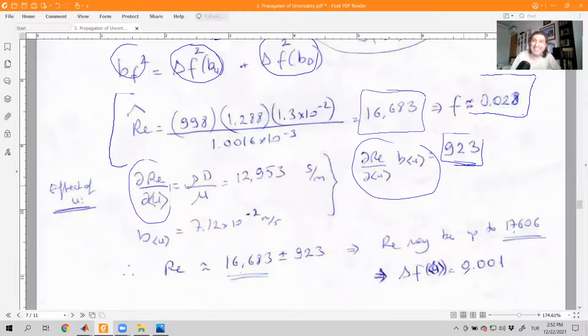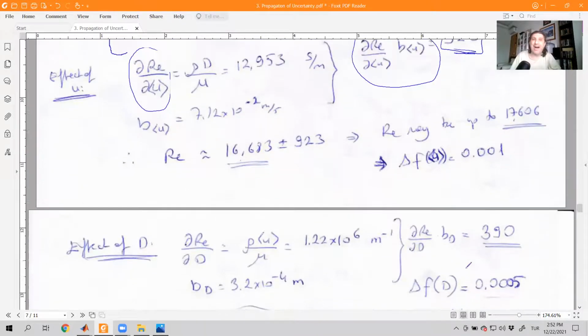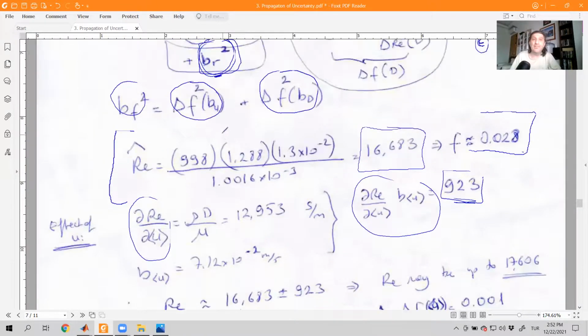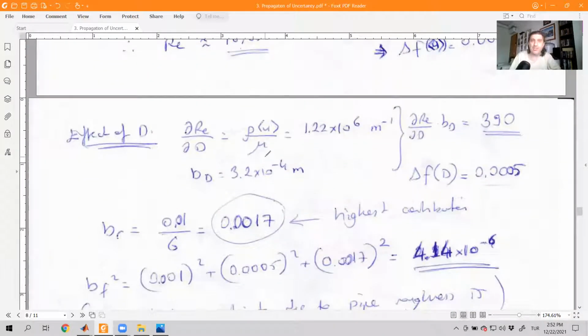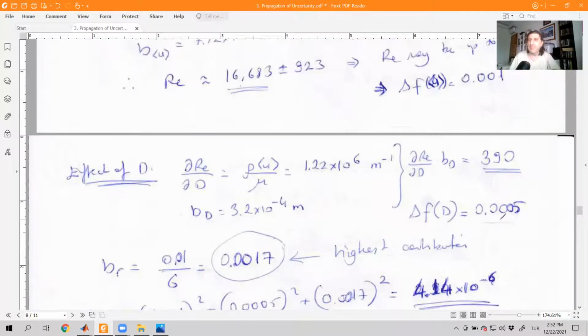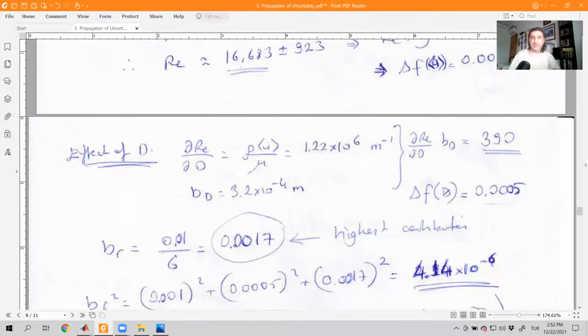So I take this value as the bias related to fanning friction factor due to uncertainty in U. Doing the same calculation, this time for diameter, I obtain a change of 390 unitless Reynolds number, and this roughly corresponds to 0.0005 of fanning friction factor.